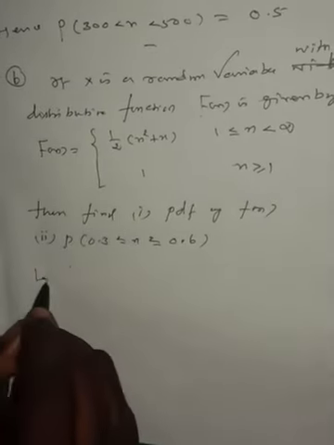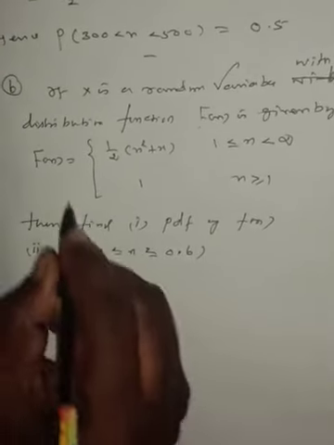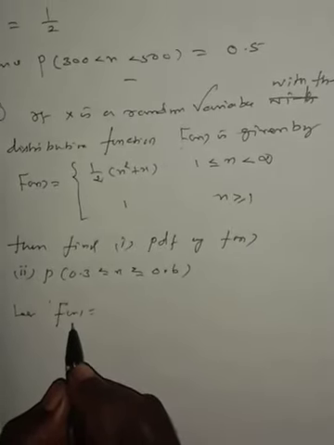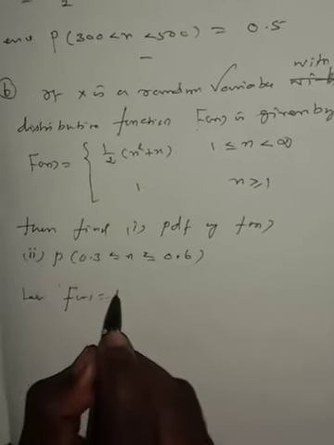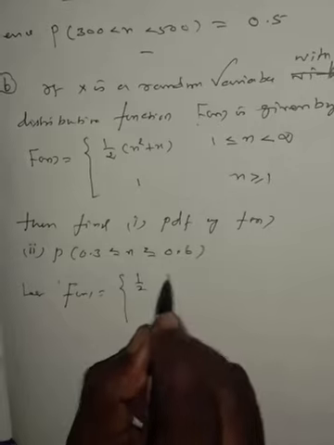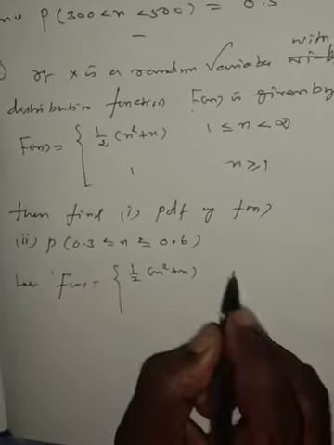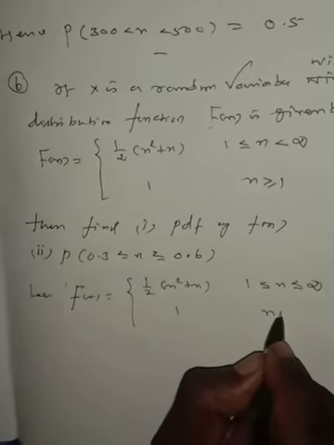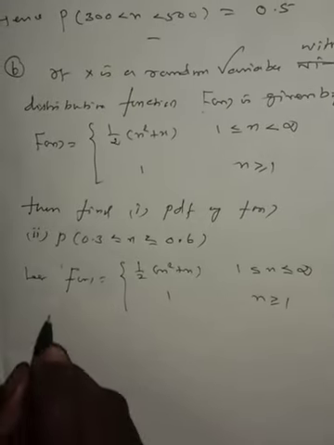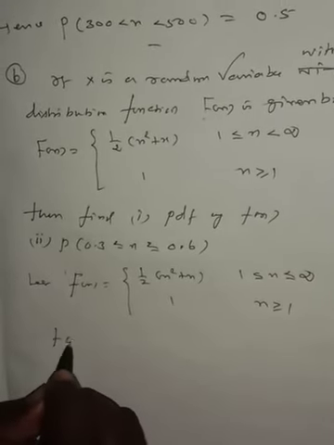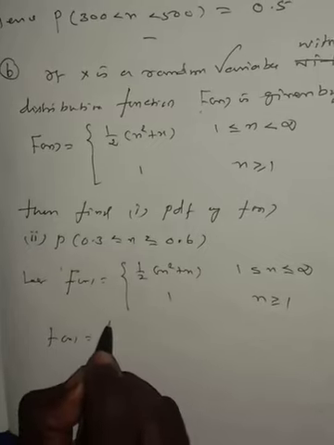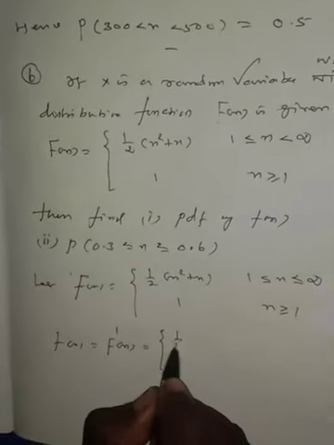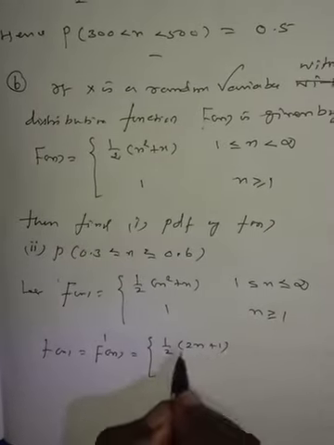Let capital F of x be the given function, one by 2 x square plus x, if 1 is less than or equal to x is less than or equal to infinity, and 1 if x is greater than or equal to 1. We want to find small f of x. So small f of x is equal to capital F dash of x. Differentiate with respect to x. We have 1 by 2 into 2x plus 1.